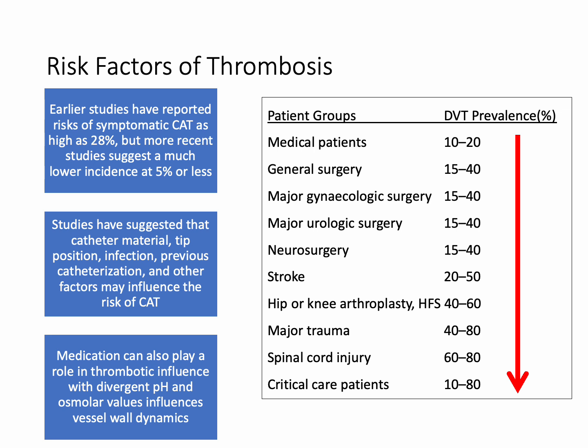Medication has been reported in the literature over many years as playing a potential role of thrombotic influence, particularly around the constitution of particular medications that influence pH and osmolar values, which has a direct impact on the endothelial layer of the vessel wall.